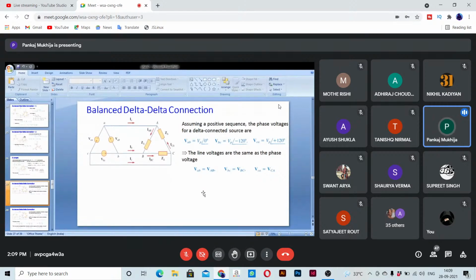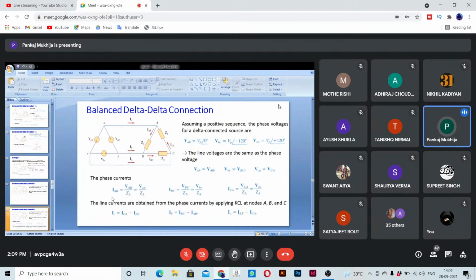Now again, you should be able to identify that. The phase currents, as usual, are VAB by Z delta.